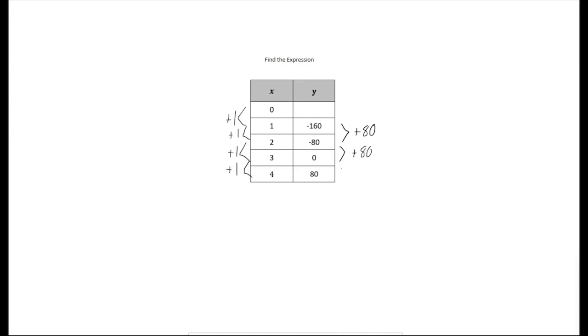And from 0 to 80, 0 plus 80 is equal to 80. To find what's missing, we apply the same idea of the inverse operation. Minus 160 minus 80 is minus 240. So the equation will be y is equal to 80x minus 240.